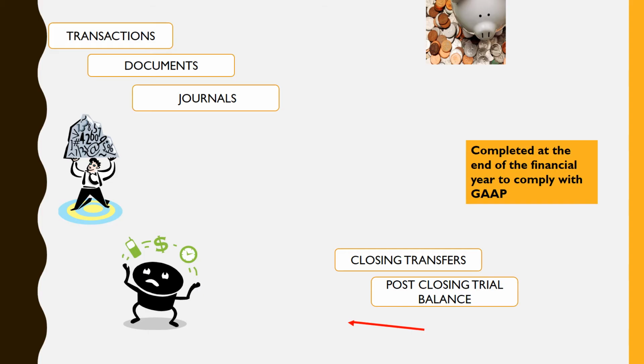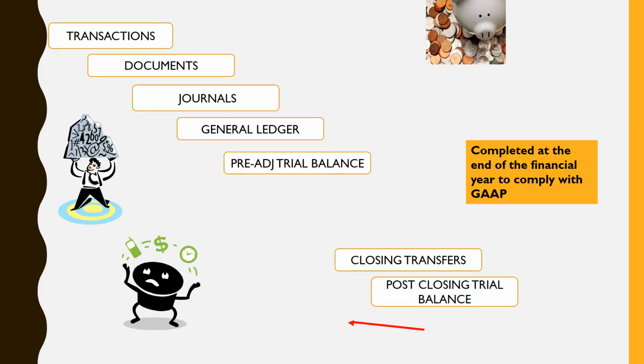So let's look at our accounting cycle now. Once the general ledger is drawn up, we would then have a pre-adjustment trial balance. After the pre-adjustment trial balance, we can use those balances and totals to make the necessary adjustments so that we are GAAP compliant.